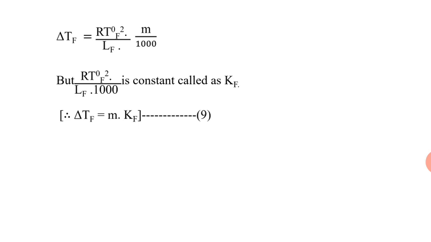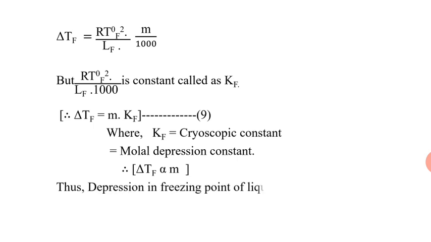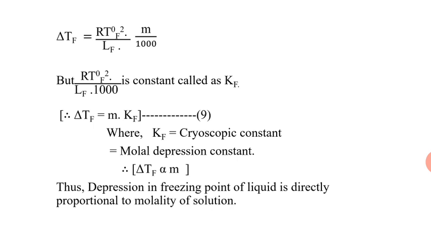Since KF is a constant called the molar depression constant or cryoscopic constant, delta TF is directly proportional to molality. We get a new definition: the depression in the freezing point of a liquid is directly proportional to the molality of the solution.